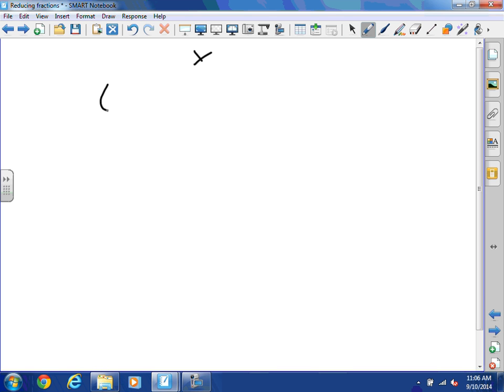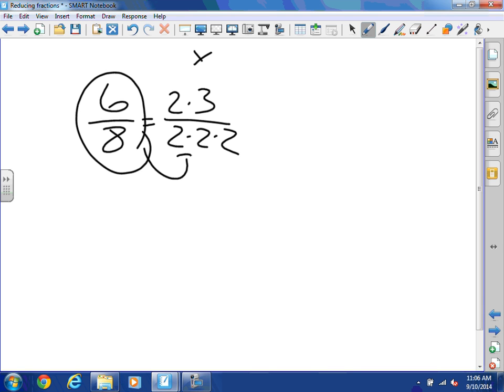If I give you 6/8 and I said 6 is 2 times 3 and 8 is 2 times 2 times 2, I've rewritten this in this fashion. But let's look at what this truly means. This means 2 divided by 2. What is 2 divided by 2? 1. So that crosses out, but it's not like it really just goes away in a puff of smoke.